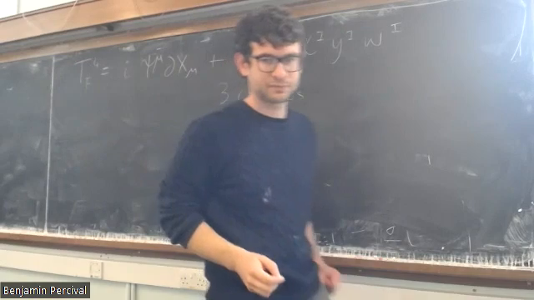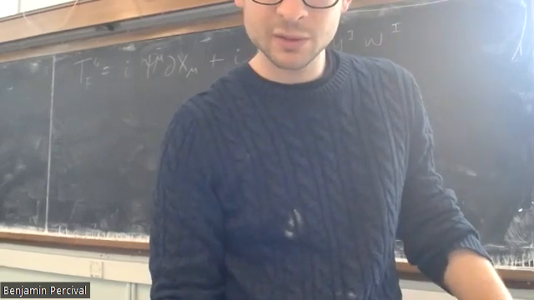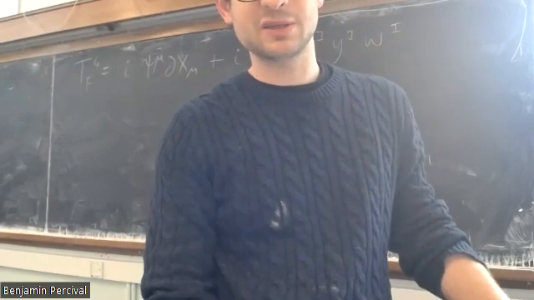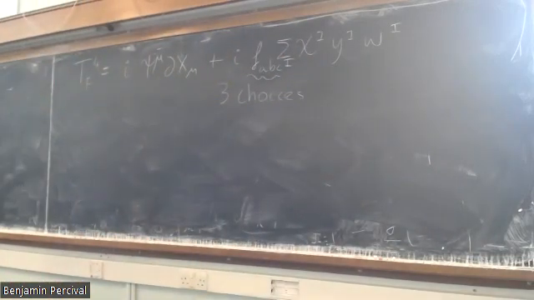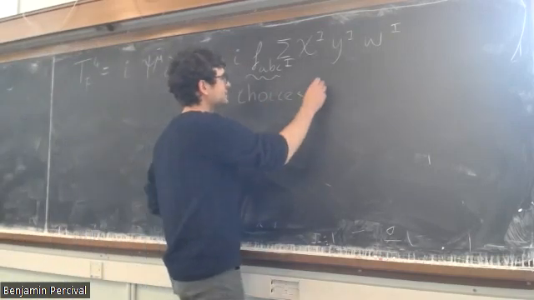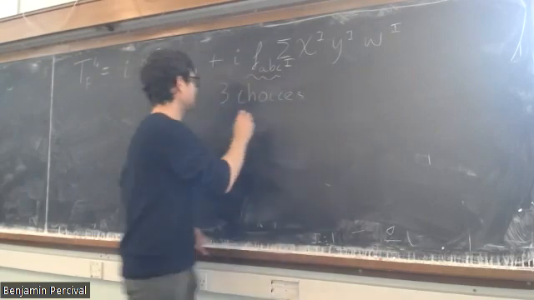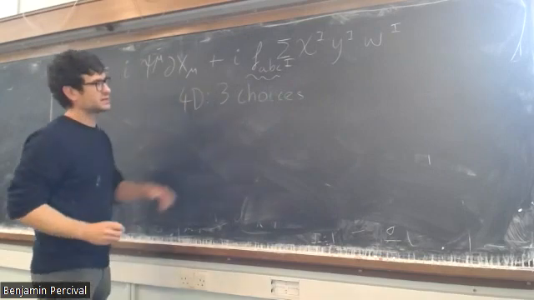And let me just check. So in 4 dimensions, there are actually 3 choices here. And F, A, B, C. Maybe there are some details here, but really in 4 dimensions there's 3 choices.